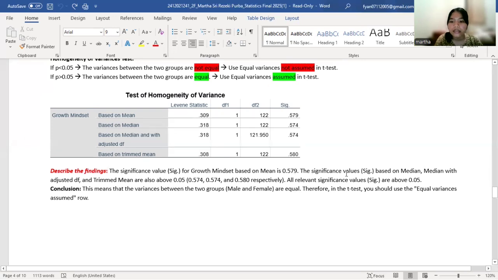The significance values based on median, with adjusted and trimmed mean, are also above 0.05. All relevant significance values are above 0.05. This means that the variances between the two groups, male and female, are equal. Therefore, in the t-test, we should use the equal variances assumed row.